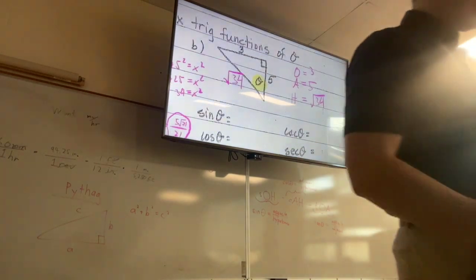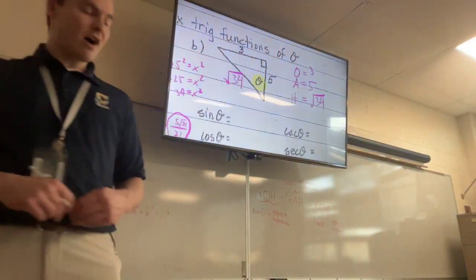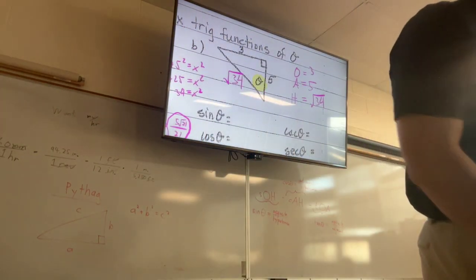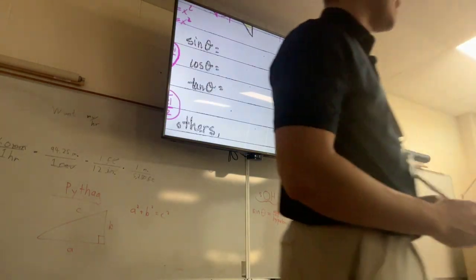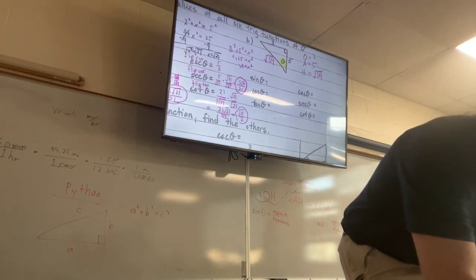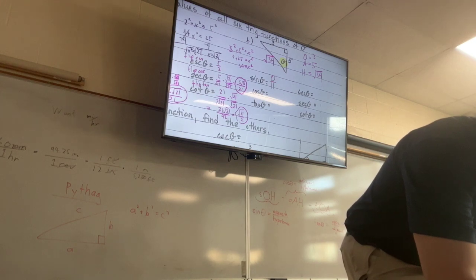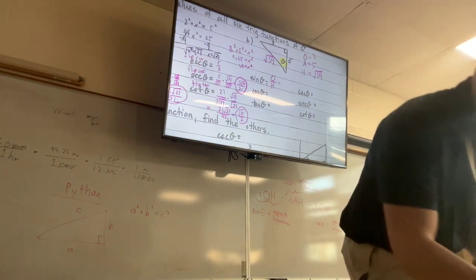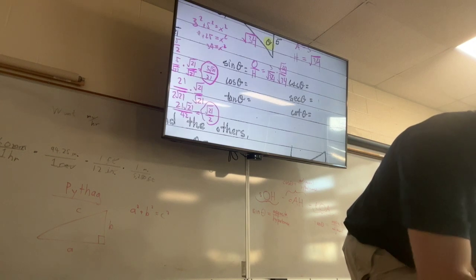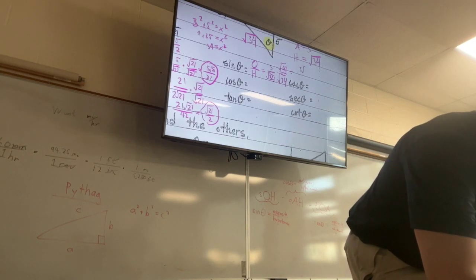Once we know our opposite side, our adjacent side, and our hypotenuse, writing down sine, cosine, and tangent is just the formula, okay? What's sine? It's O over H, opposite over hypotenuse. So what is that here? 3 over root 34, yep. You just multiply the top and bottom by root 34 over root 34. So that's 3 root 34 over 34. Make sure you rationalize your denominators.